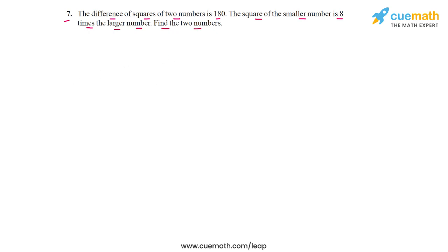Let's start by assuming that the larger number is x, and the smaller number is y. Now the first piece of information says that the difference of squares of the two numbers is 180.